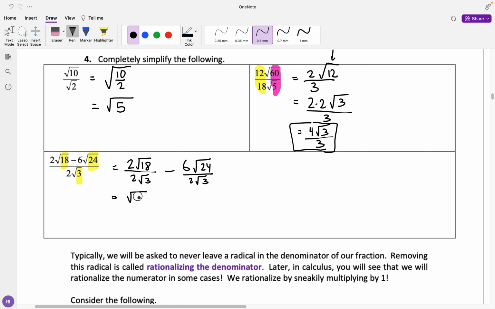I just get root 6 on this first term, root 8. Three times 2 is 6. That was a 4 times 2. The 4 left, and I was left with a 2.